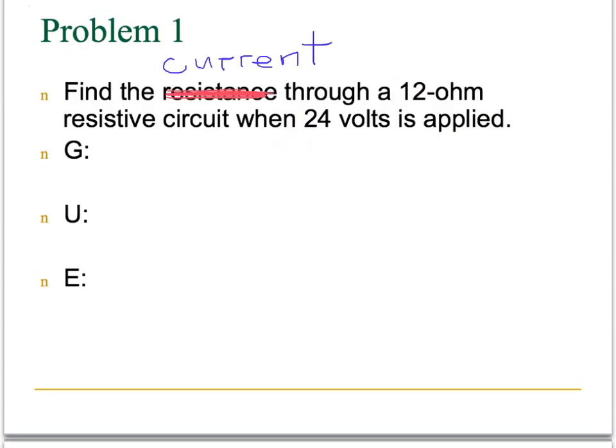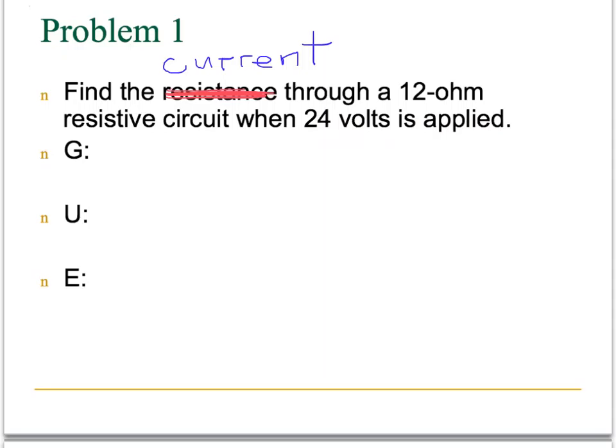Let us apply what we learned. But before that, please replace or cross the resistance out. This should read current. So let us now read the problem. Find the current through a 12 ohms resistive circuit when 24 volts is applied.